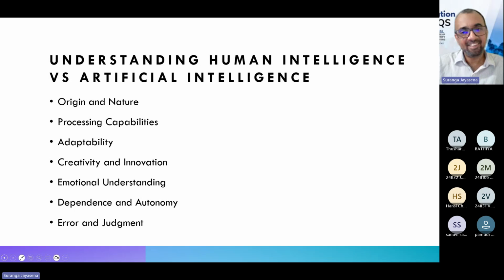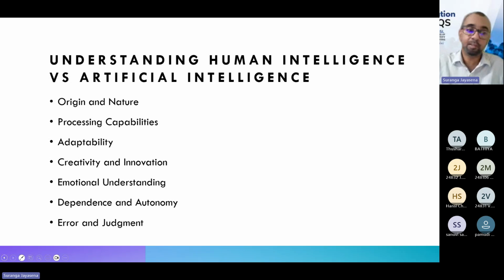And error and judgment, right? AI is making decisions based on data and algorithms, which can sometimes lead to errors if the data is biased or limited or incomplete. So it lacks the ability to judge at the human level.